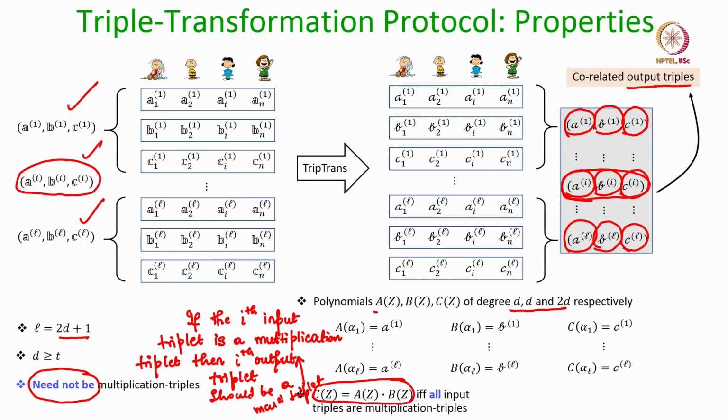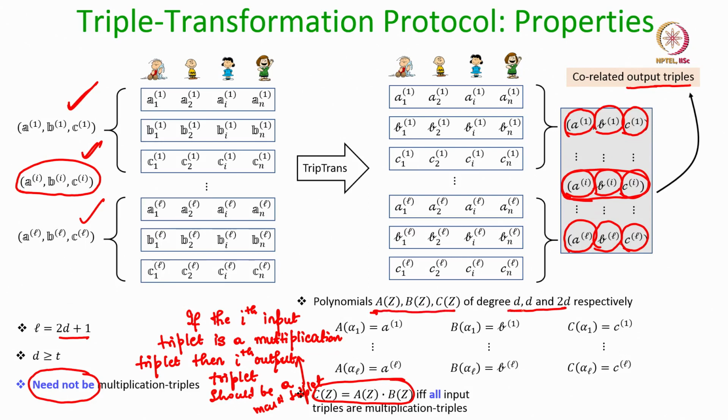So, even if my inputs are arbitrary triplets, I have tied them together through this triple transformation process by ensuring that I transform the input triplets into output triplets in such a way that the output triplets now constitute distinct points on the A, B and C polynomials.